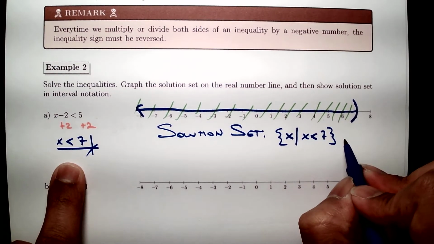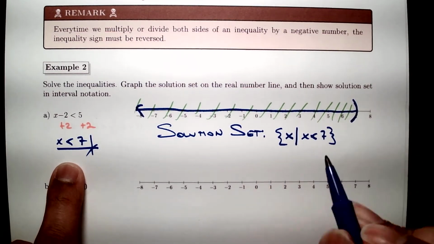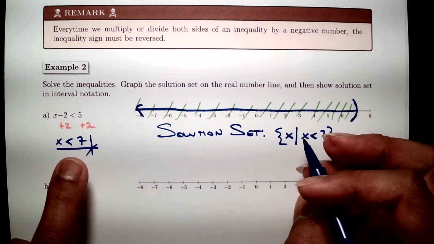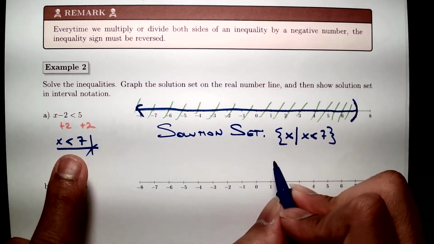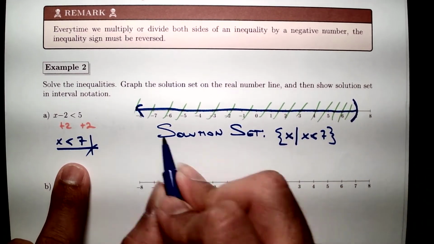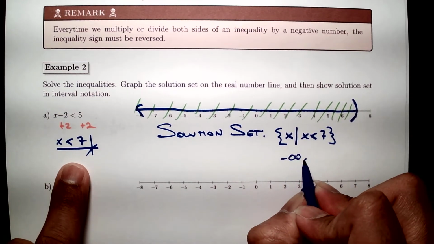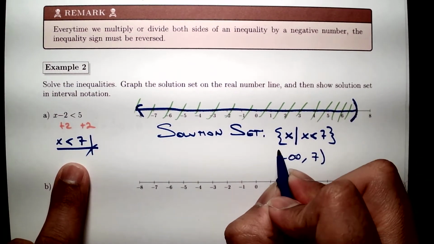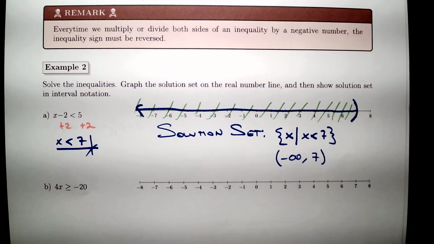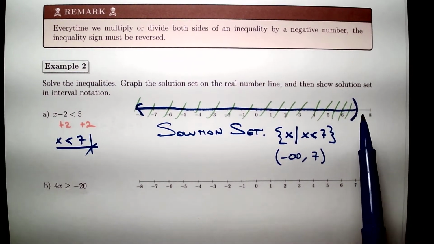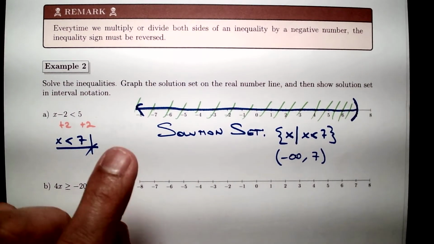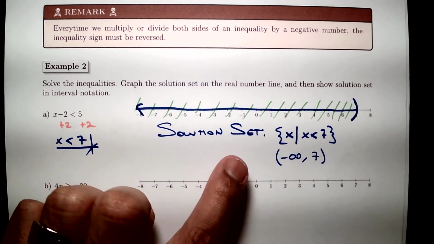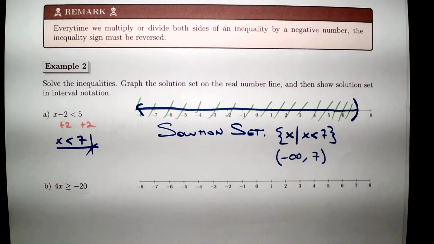That's the set builder notation, like the ones we worked on in the previous page and in this next page. The other way to express this is negative infinity to 7. And by the way, parentheses for both cases, because with infinity or negative infinity, none of them ever take the bracket. They always take the parentheses.